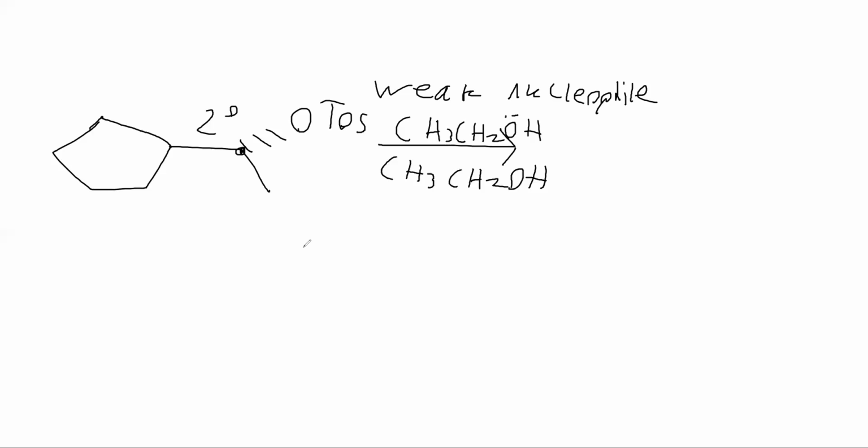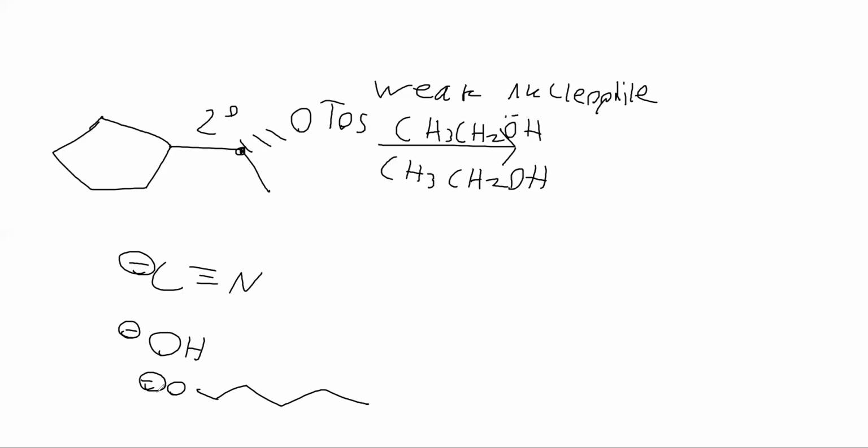Generally, in terms of looking for strong nucleophiles for SN2, you're just looking for negative charges on things usually. Like the CN minus, the OH minus, or some carbon chain and then an oxygen at the end with a negative charge.